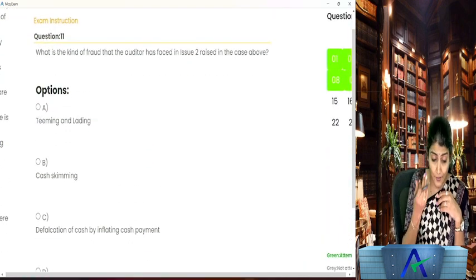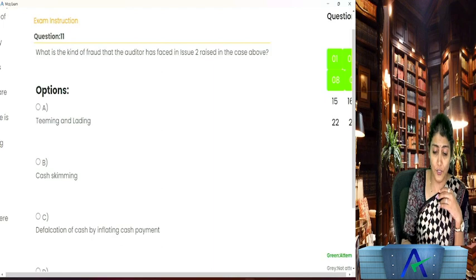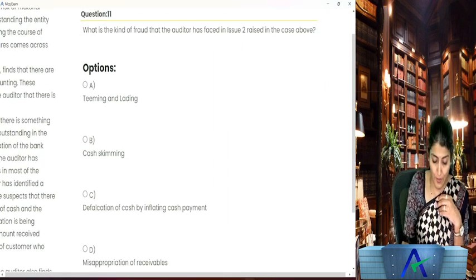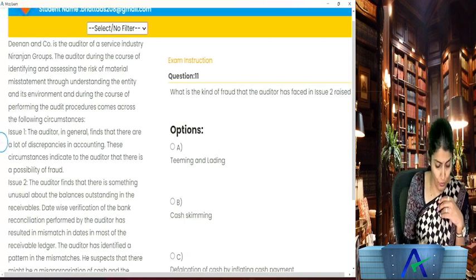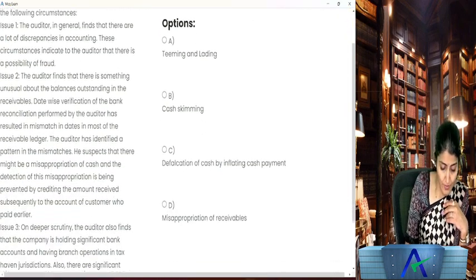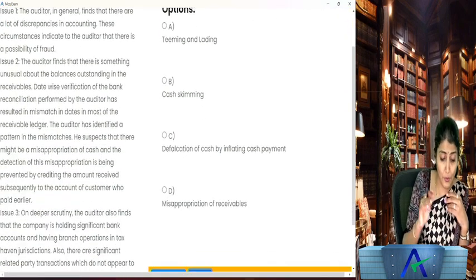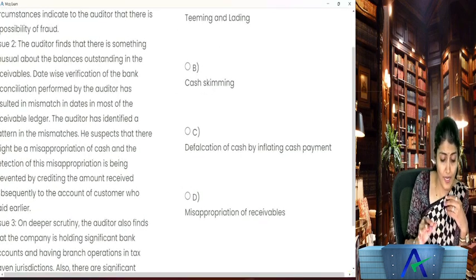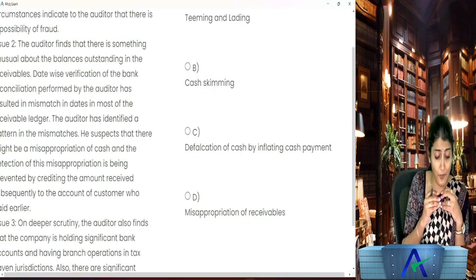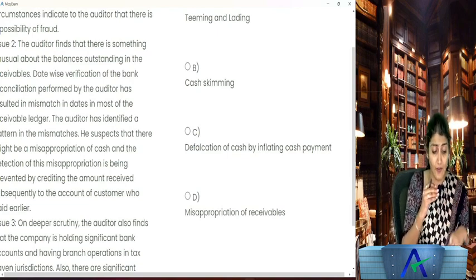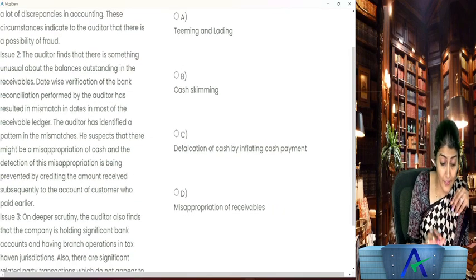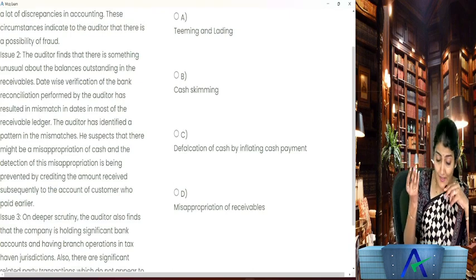Which kind of fraud that the auditor has faced in issue 2 is referred to above? So we need to look into issue 2. What is issue 2? The auditor finds that there is something unusual about the balance outstanding in the receivable. Date-wise verification of the bank reconciliation performed by the auditor has resulted in a mismatch in the dates of most of the receivable ledger.